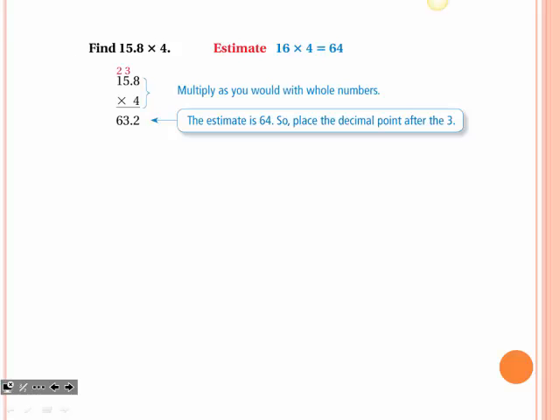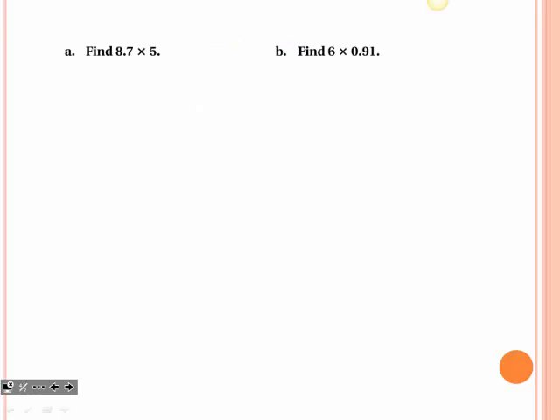Let's try another example. Here we're going to find 8.7 times 5. Now remember to line up your 8.7 and your 5 on the bottom because it's less digits. Multiply like you would normally multiply. Don't even worry about your decimal. We get a 5 here, carry the 3. 8 times 5 is 40 plus 3 is 43. Now we get 435.